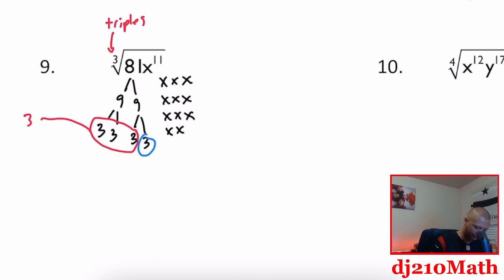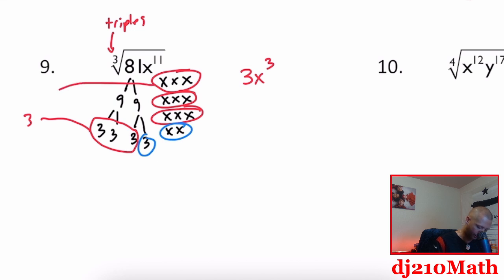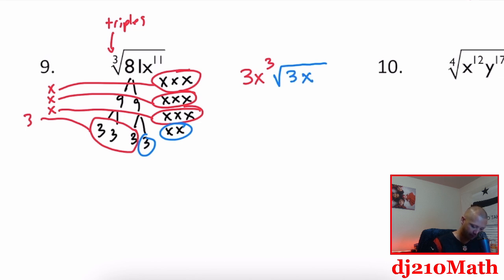And as far as x's are concerned, there's 1x, 2x, 3x's, and an x squared left behind. So the answer is going to be a 3 outside, x cubed, because 3 x's get pulled out. And then what's left behind? All the singles, the things that didn't come out. So a 3, and then x squared.